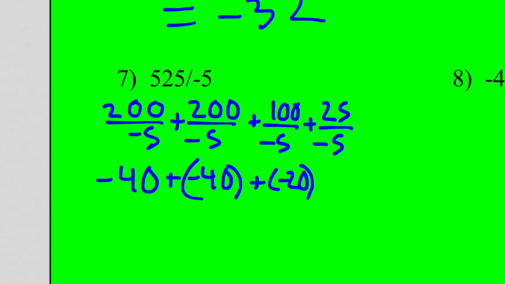And 25 divided by negative 5 is negative 5. You could add all those up. 40 plus 40 plus 20 is 100, plus 5. That equals negative 105.